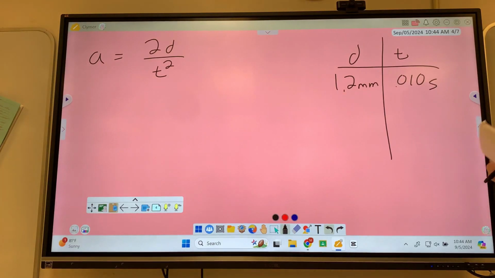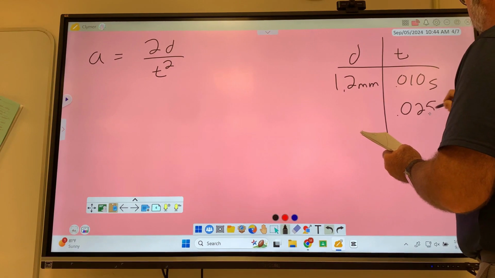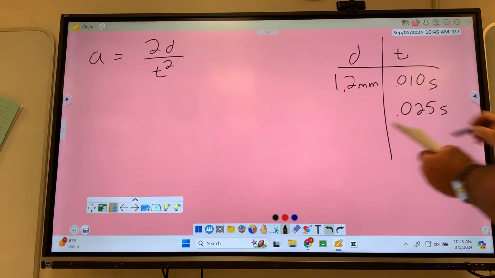Millimeters. Let's pick another point while we're doing this. Let's pick the point above 0.020. Let's do 0.025 for the sake of doing this. What's that point, do you think? 7.2? Okay, so 7.2.